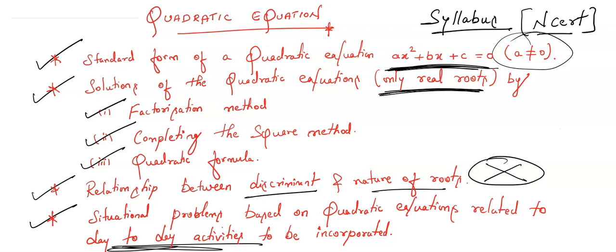So children, the advantage of watching our videos is this: we are going to let you know what is there in the text and what is not there in the text. Which questions you can follow from the textbook, or which questions you can follow out of the textbook. Out of the textbook means you are going to use the basics of the textbook. It's nothing like out of syllabus. I am telling out of textbook.